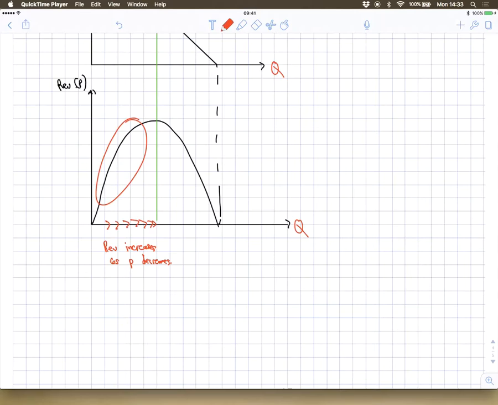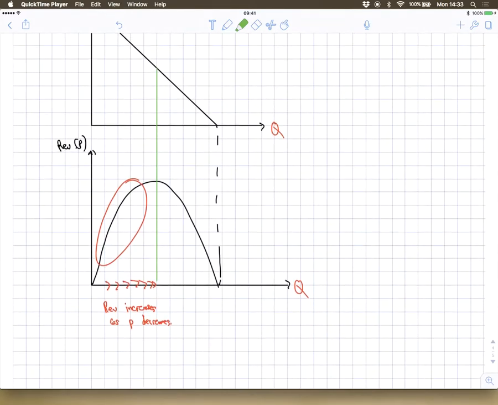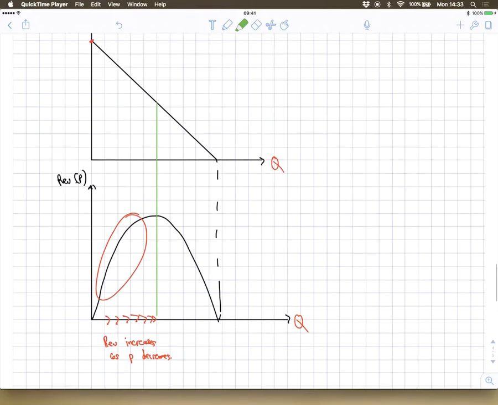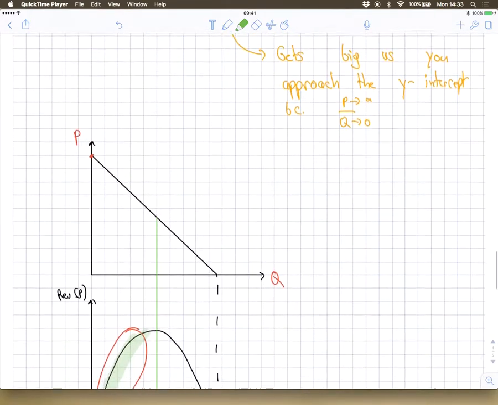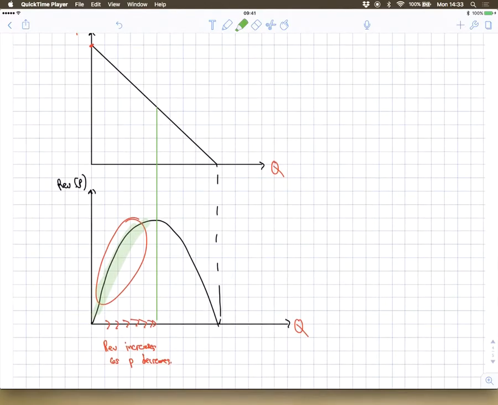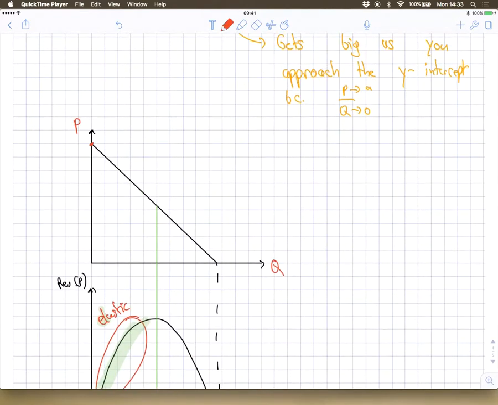Let's do that. So this bit here, remember what we said about elasticity? If price increases and your revenue decreases, then this area here is going to be the elastic part of your demand. This is elastic, which means all of this bit here is going to be elastic.